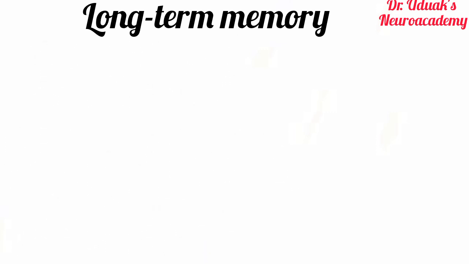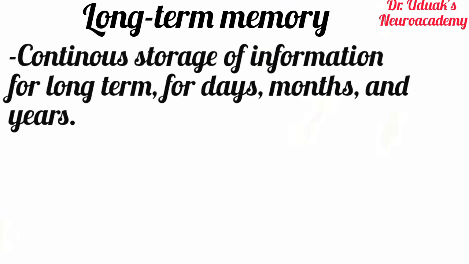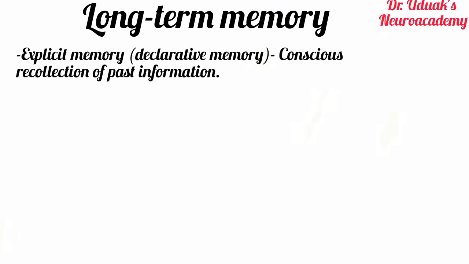Long-term memory, on the other hand, refers to the continuing storage of information for days, months, years, and perhaps for a lifetime. It is usually divided into two types. We have the explicit memory, which is also known as declarative memory, which includes all of the memories that are available to our consciousness or memories that are consciously remembered.